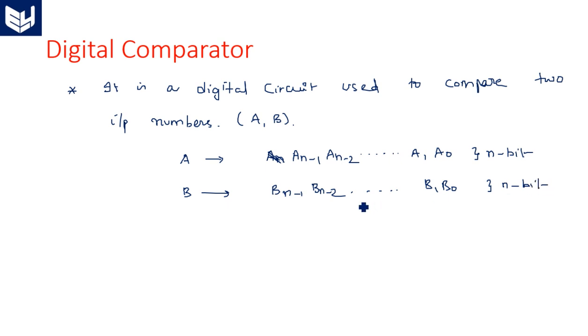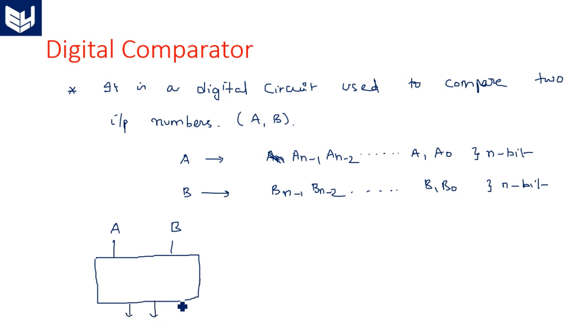So a comparator is a circuit which compares the two incoming numbers a and b, and what is the output after comparison? When a and b are the inputs for a comparator and these two are compared, what could be the possible outcomes?